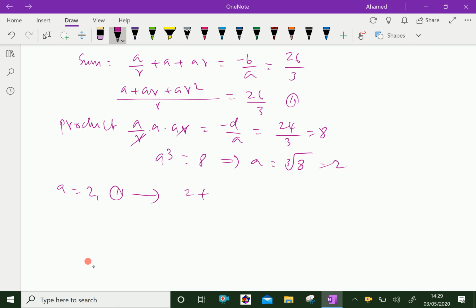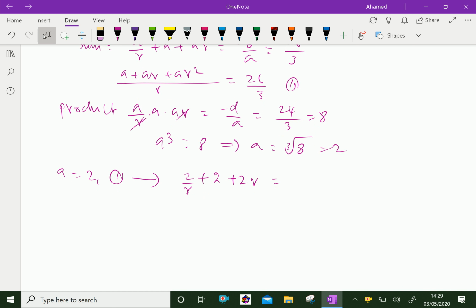A is 2 here: 2 by r plus 2 plus 2r equal 26 by 3.